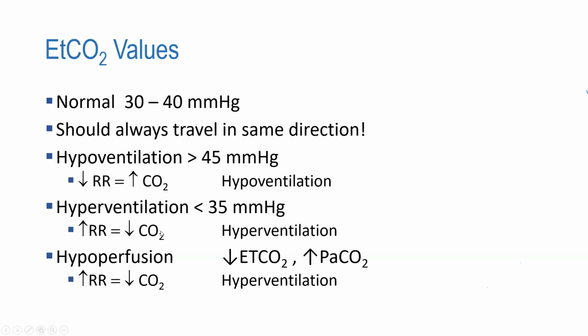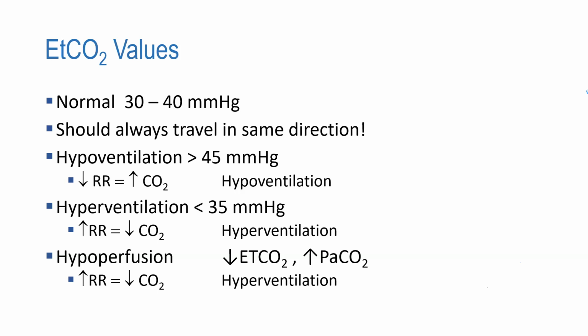Here's the thing. When they are not traveling in the same direction, arterial and end-tidal, that is typically a perfusion problem. And it's so important for you to appreciate. So when I'm hypoperfused, my end-tidal CO2 goes down, but my arterial CO2 is up. That is never normal. Never, ever, ever normal.